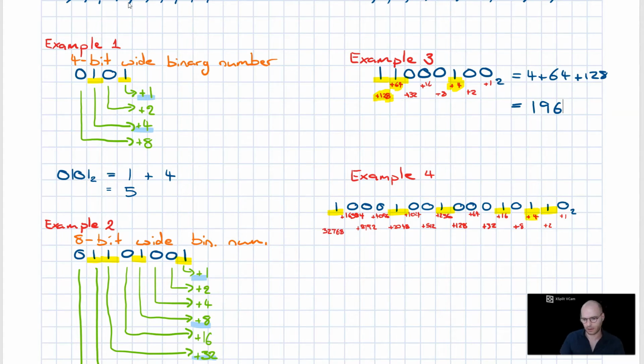Now I'm going to go back and highlight the ones we need. Plus 2, plus 4, plus 16, plus 256, plus 2048, plus 32,768. Adding all of these together, we're going to find that our number in decimal is in fact 35,094, like so.